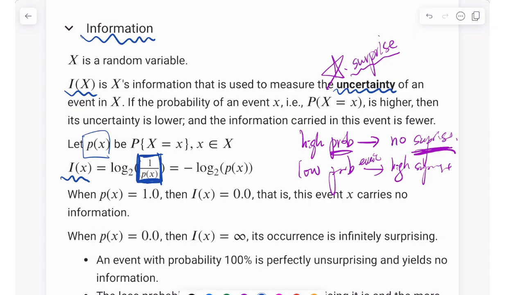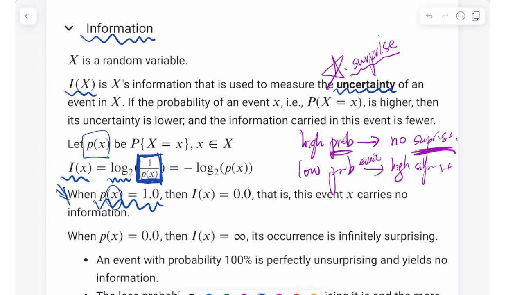And then we simply put a log value right here. The reason why we use this is because if we have a certain event x whose probability is 1.0, that means every time you collect data from the random variable, it is always small x.